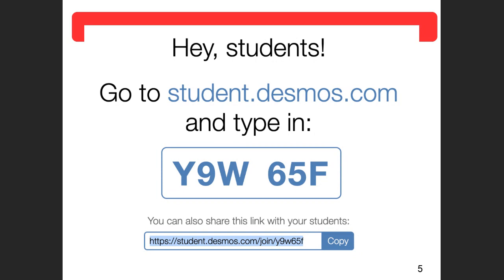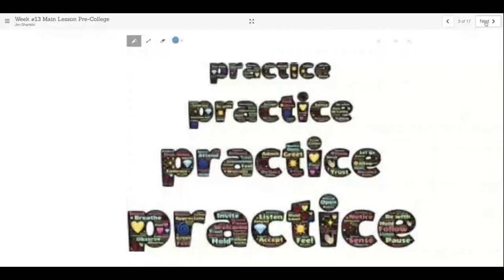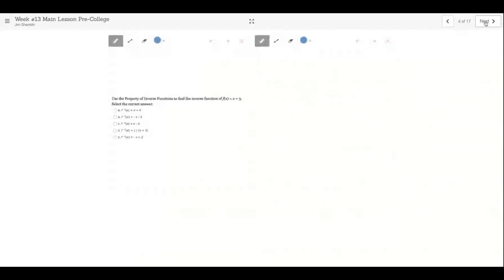I'm going to hit sharing on here so I can see my lesson here. Okay, so I'm going to share that. What I want you guys to do is go to slide number 4. Slide number 4 is the first problem, and it says, use the property of inverse functions to find the inverse of f of x equals x plus 3.